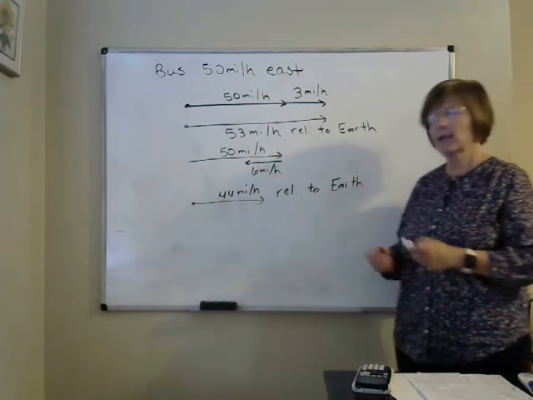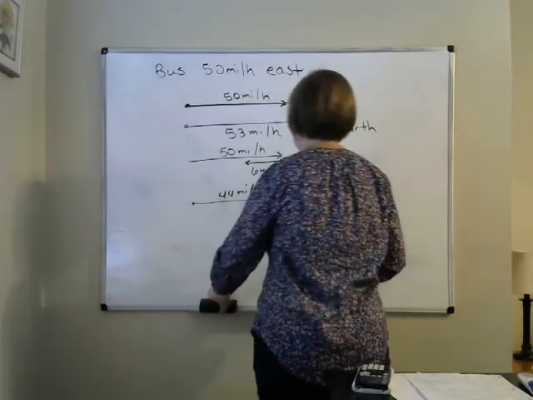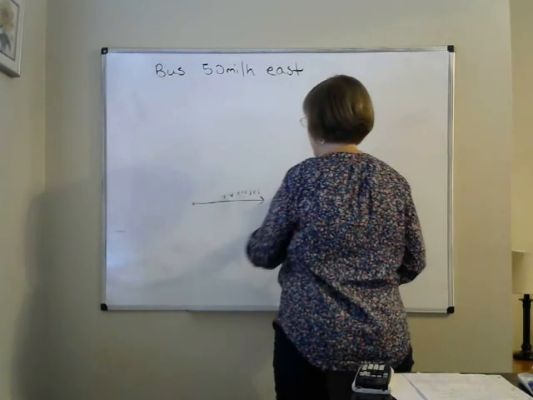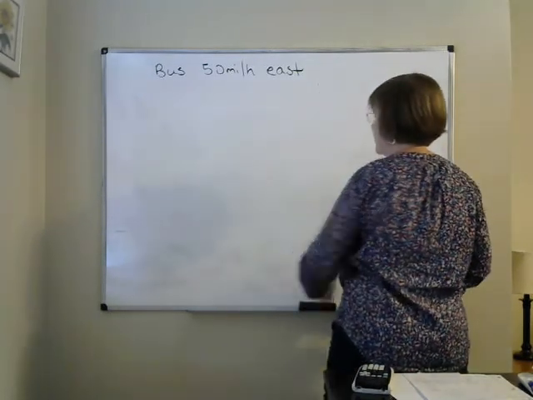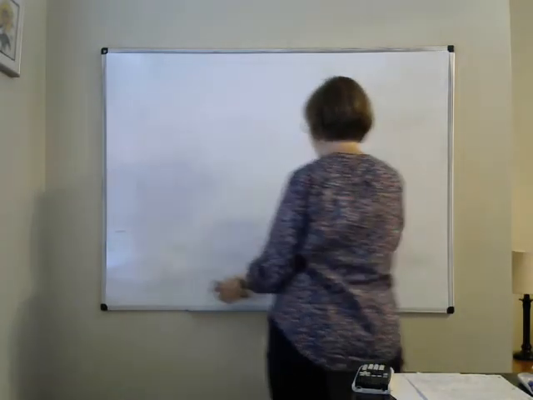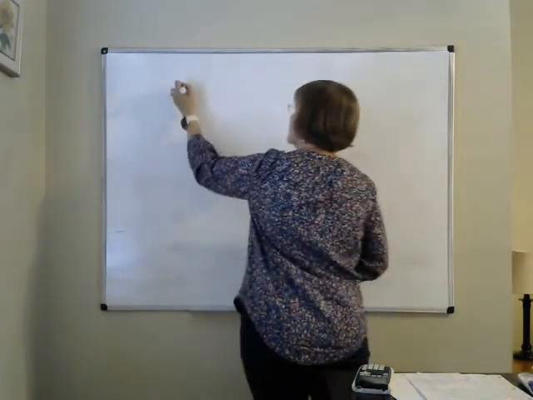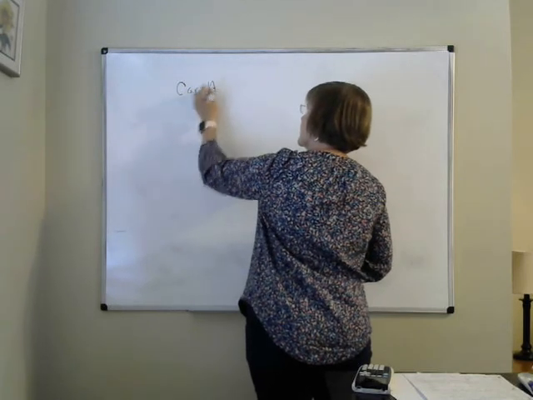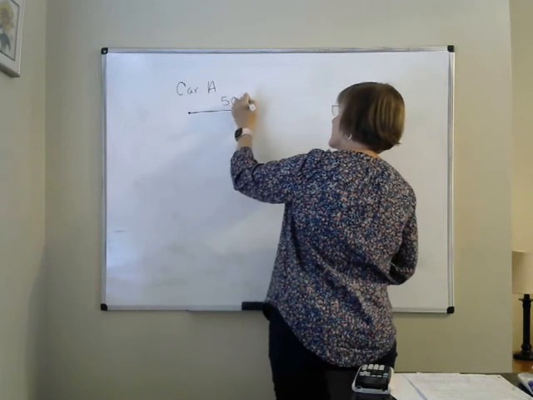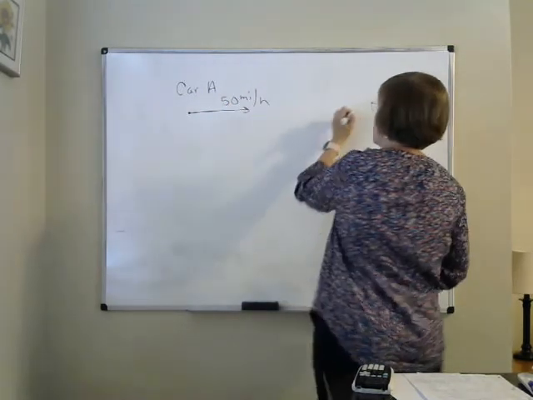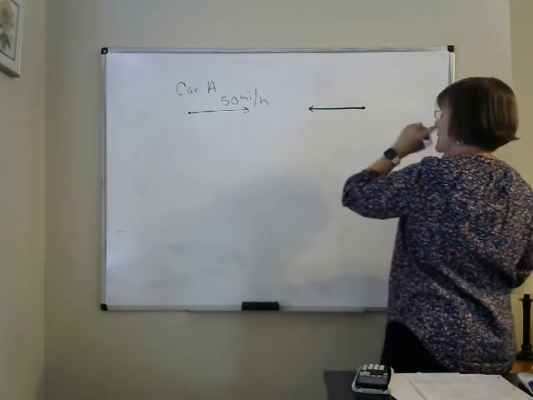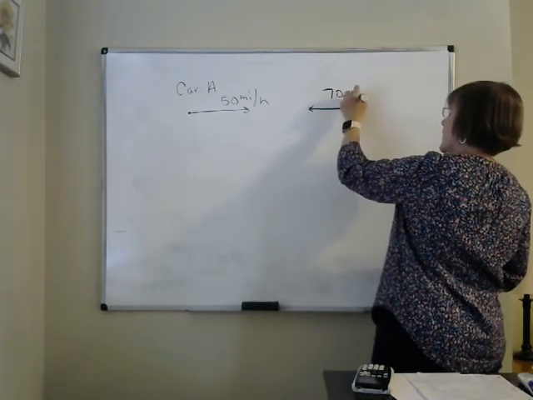You can think of another similar problem if you think of cars approaching each other. Suppose you have car A, and it's going 50 miles an hour, and you have car B going directly towards it at 70 miles per hour.